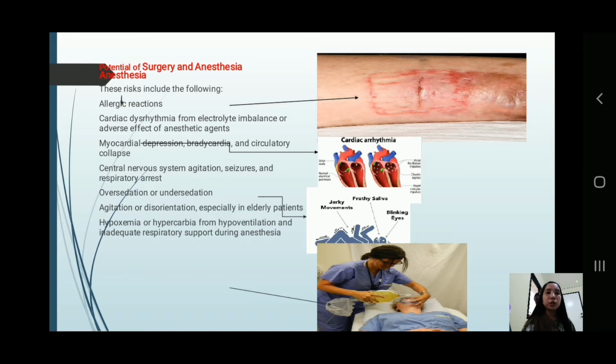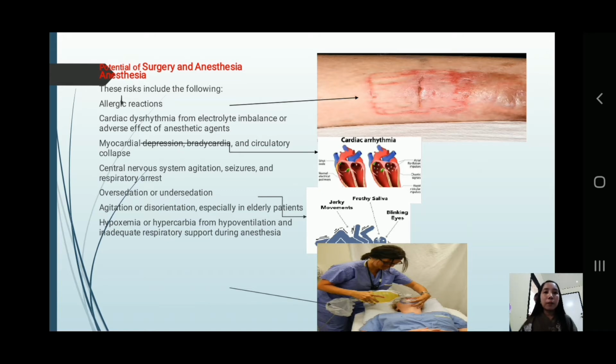These risks include the following. First is allergic reaction. As you can see here on the screen, the first picture is the allergic reaction. Allergic reaction is an exaggerated sensitivity.